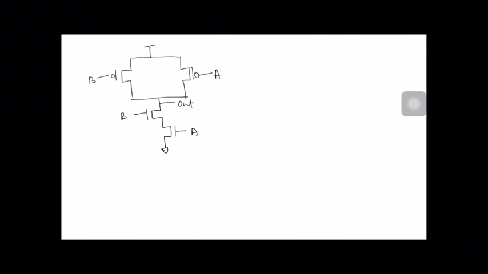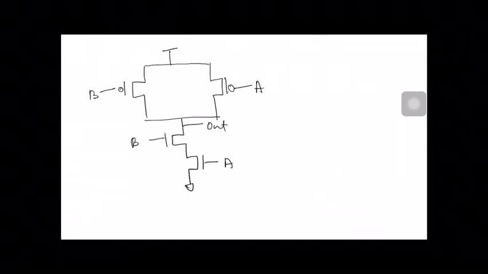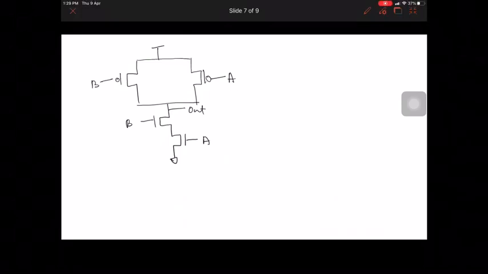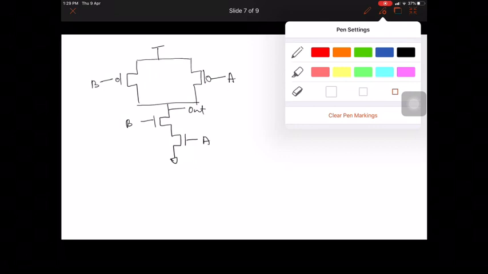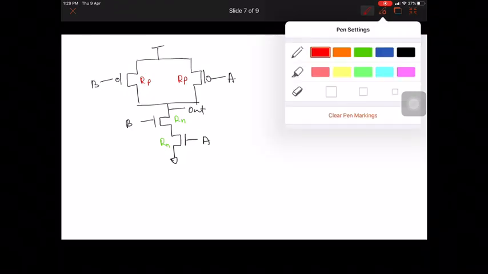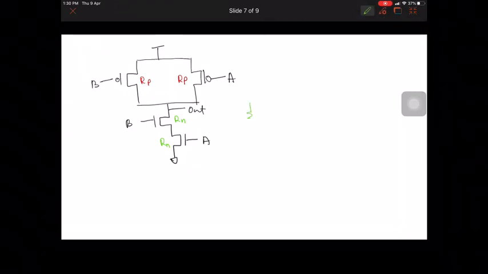So it has two NMOS in series and two PMOS in parallel. Now you can see that the resistance here is Rn and Rn, and here the resistance is Rp and Rp. The two Rns are in series, so Rn plus Rn, the total resistance is 2 Rn.